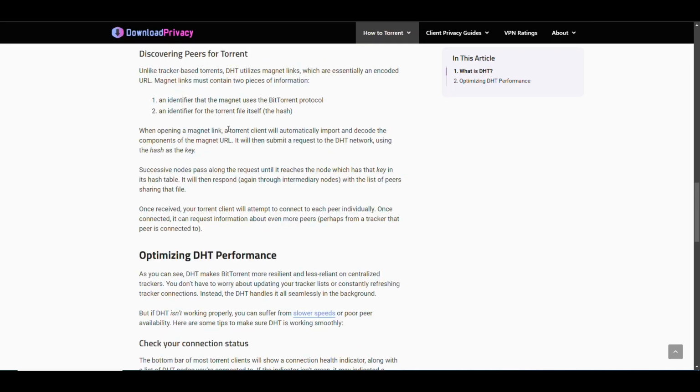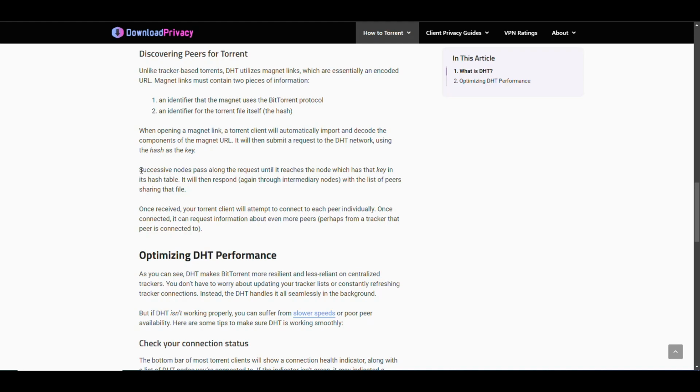Now here we have a description of how you discover the peers for the torrents. And basically it says that, whenever you start a magnet, you have to place a request to the router nodes, and in that request you use the information in the magnet link, and for that you're going to submit the request to the network where you're looking for the hash of that magnet in the table.